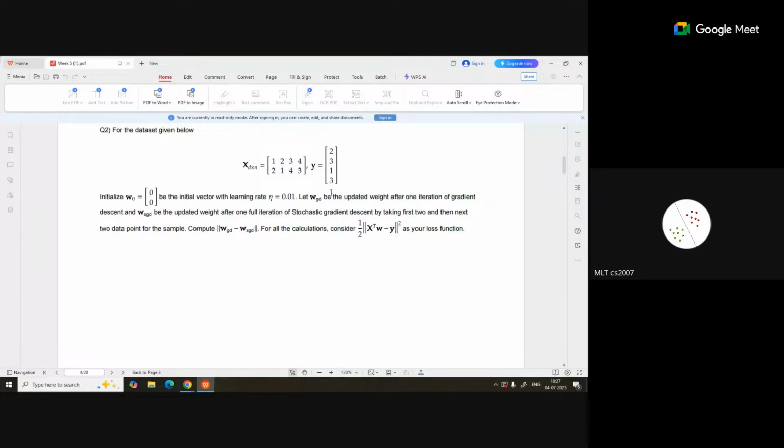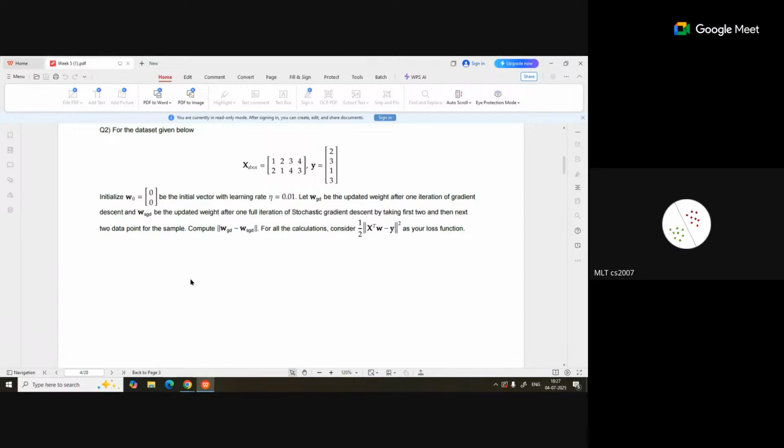Then initialize w naught with 0 0. The learning rate is 0.01. Let WGD be the updated weight vector after one iteration of gradient descent, and WSGD be the updated weight vector after a full iteration, by taking the first two and the next two data points for the sample.